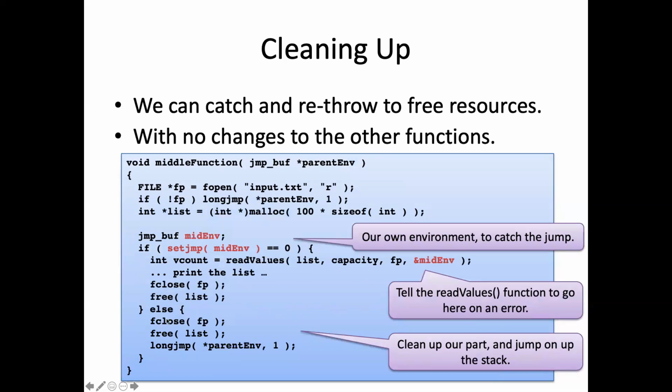We can close the file, free our list, and then jump to whatever the parent wanted us to do when an error happened. So by passing read values a different environment, we get the chance to stop off here if an error happens.